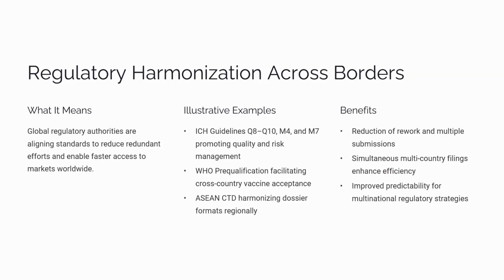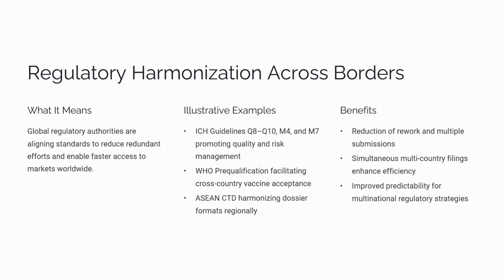Then the WHO pre-qualification facilitates cross-country vaccine acceptance, and ASEAN CTD harmonizes dossier formats regionally. Like I said, the most important thing that has happened in harmonization is the CTD, because if you have a different structure for the dossiers, then it gets very difficult and tiring to review and approve them.